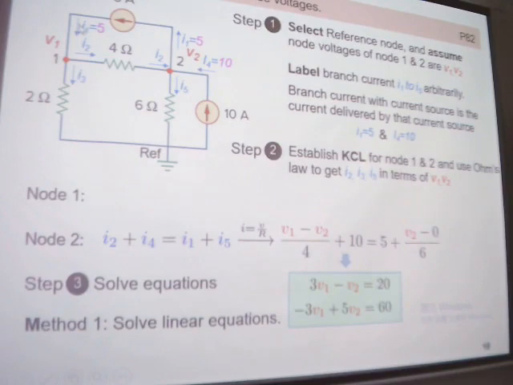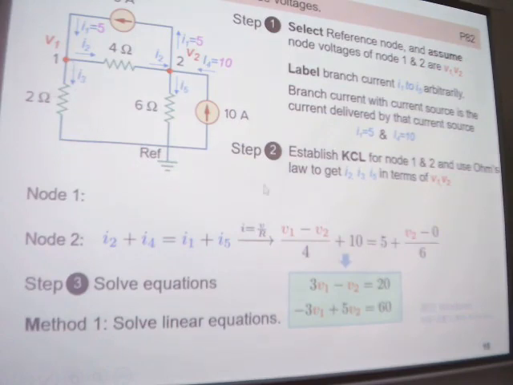And then I1 is equal to 5, right? And I2, we don't know I2, but I2 should be equal to (V1 minus V2) over 4. Clear? And for this one, we don't know I3, but we know this node is V1, right? So I3 should be V1 over 2.